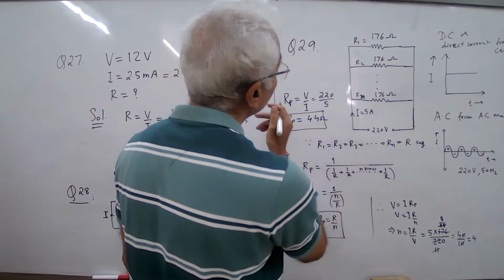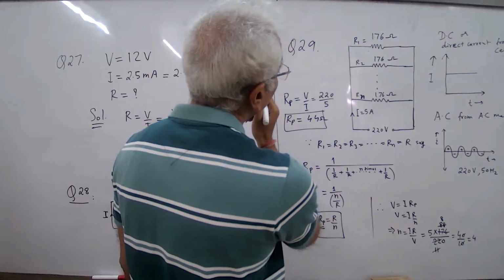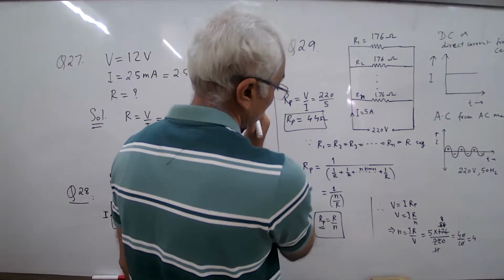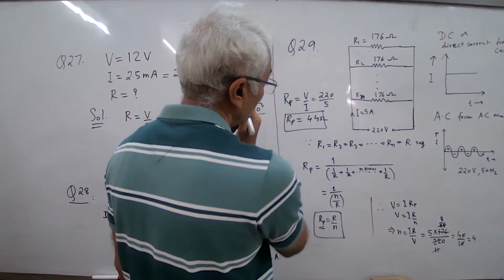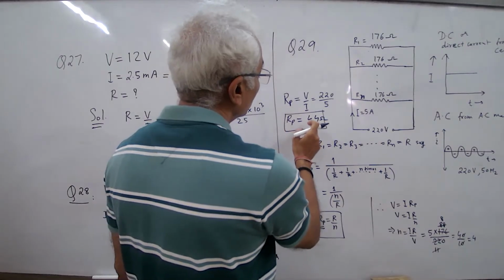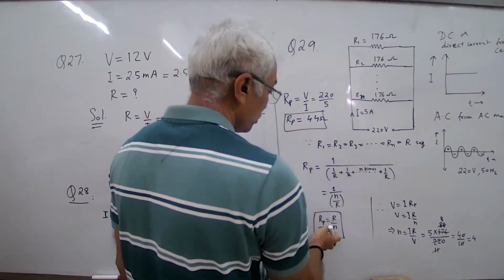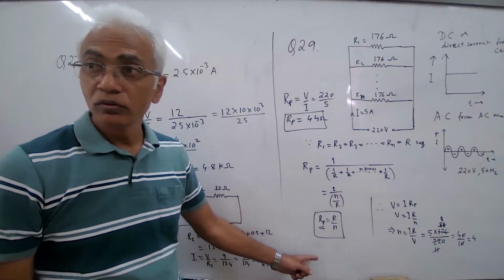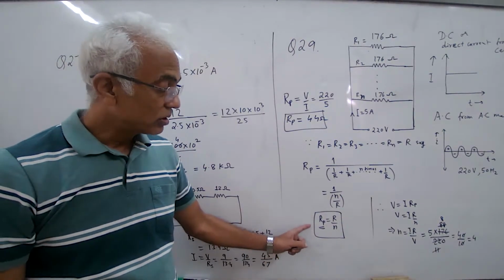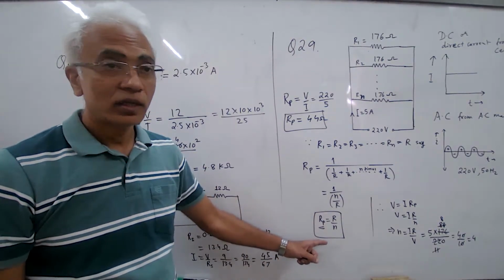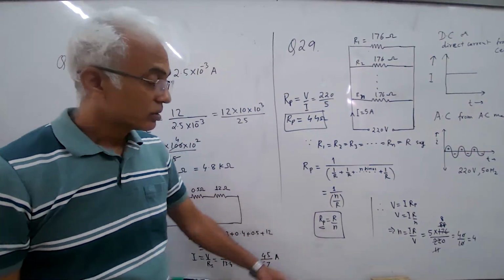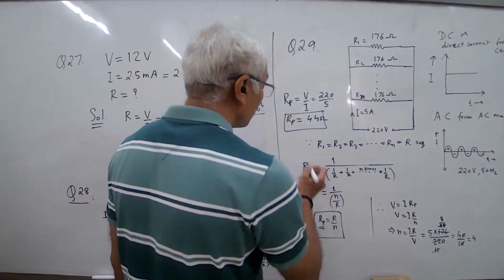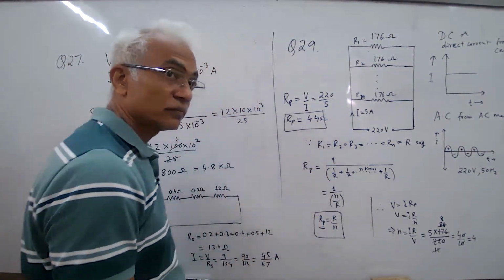Because for N resistances of equal value, the equivalent resistance is R by N, and you have to find N. Therefore N is equal to R divided by Rp.